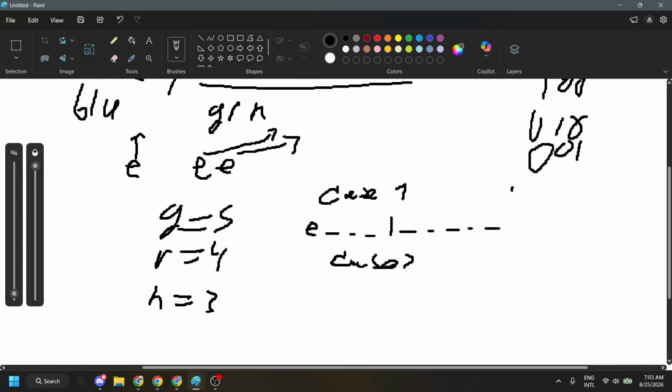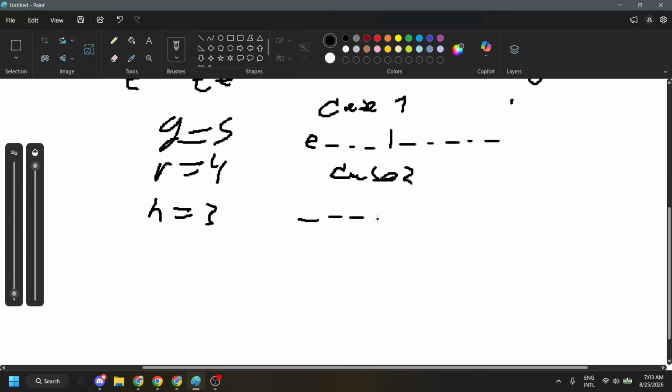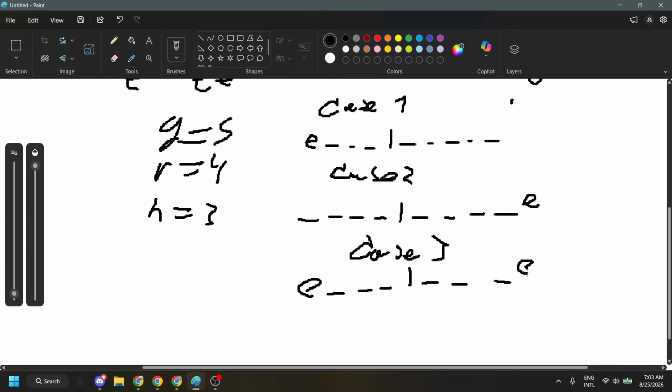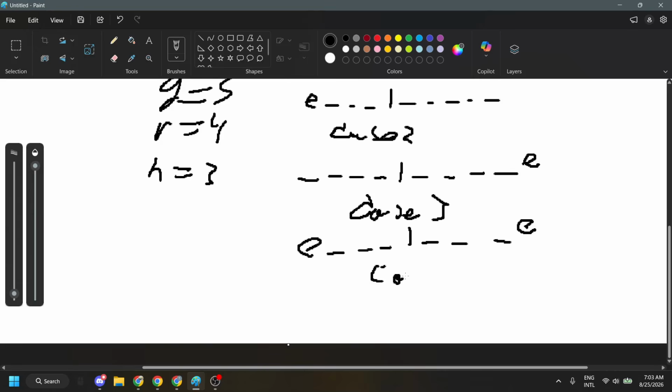Case 2, we have blank blank blank blank blank blank blank blank blank E. Case 3, we have E blank blank blank bar blank blank blank E. In case 4, we have blank blank blank blank bar blank blank blank blank blank.